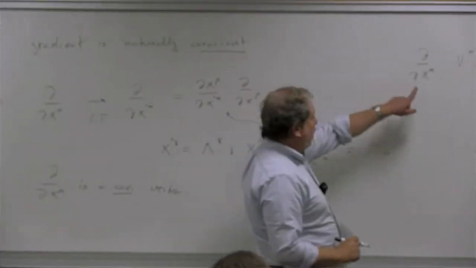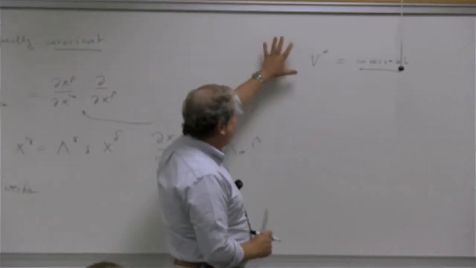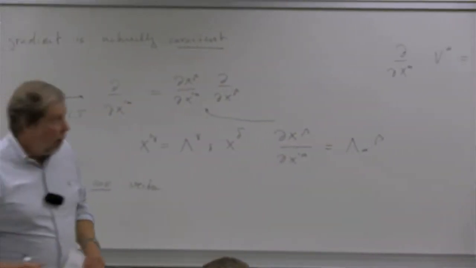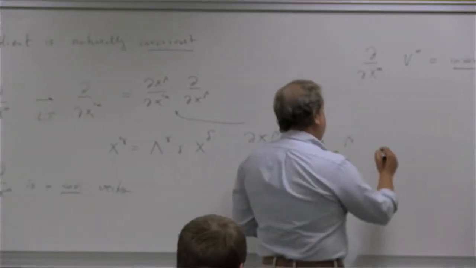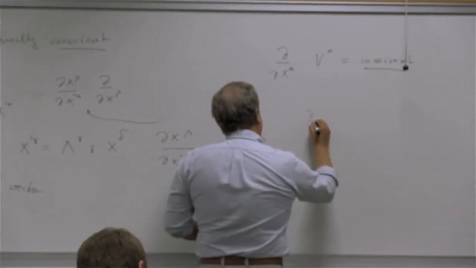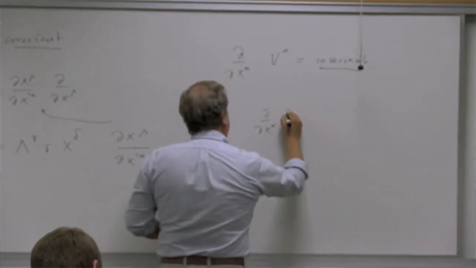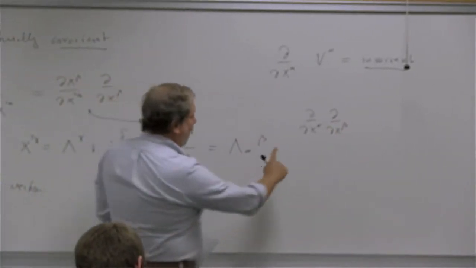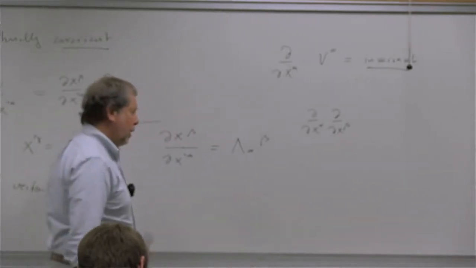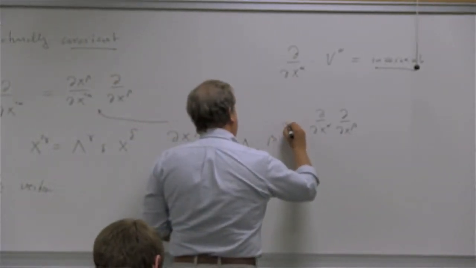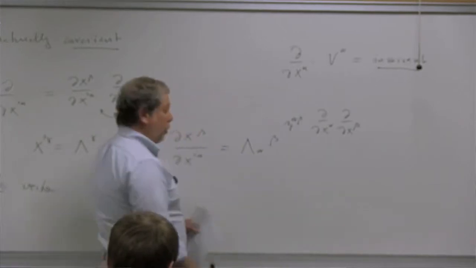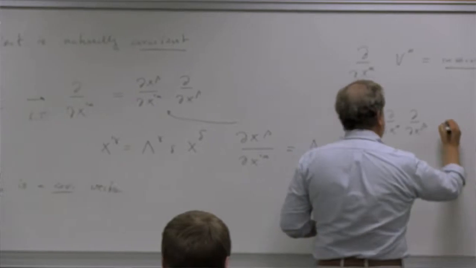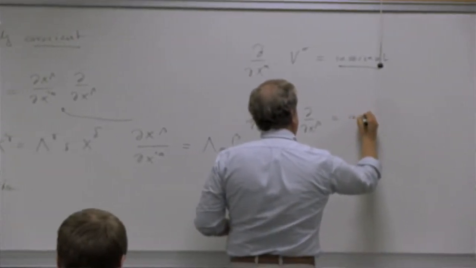So this object, even though the index here is upstairs, acts like an object where the index alpha is in fact downstairs. As a consequence, another object which is invariant is if you take d by dx alpha and d by dx beta, a combination which acts like it has both indices downstairs, and then you multiply this by eta alpha beta, which has both indices upstairs, then this is an invariant as well.